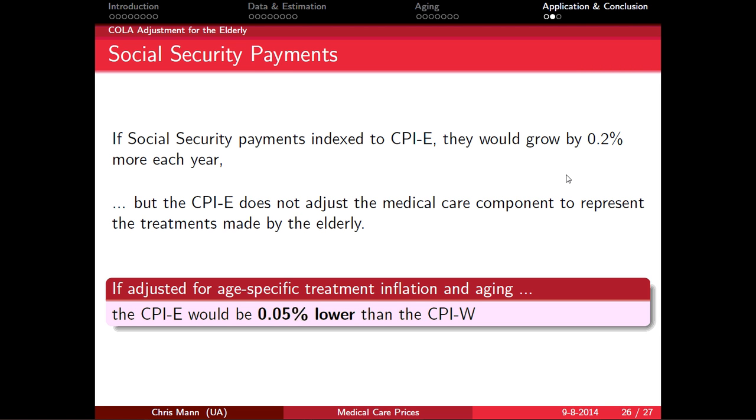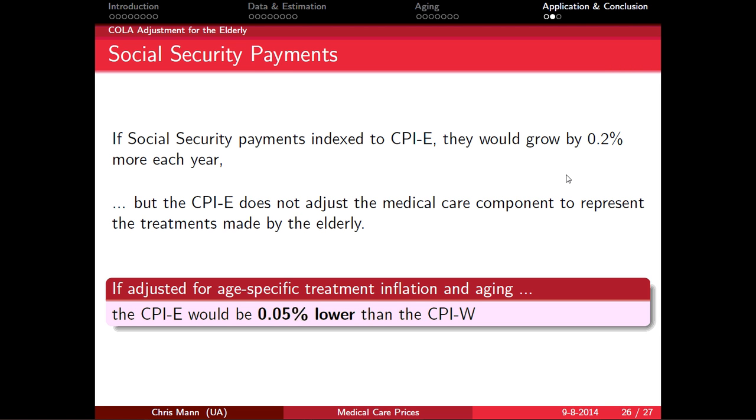It just makes it a little more stark. If we adjusted for all of that, we would find that the CPI for elderly individuals would be lower than the CPI for workers, right? In fact, it'd be about 0.05% lower each year, meaning that perhaps elderly are being overpaid for Social Security benefits.